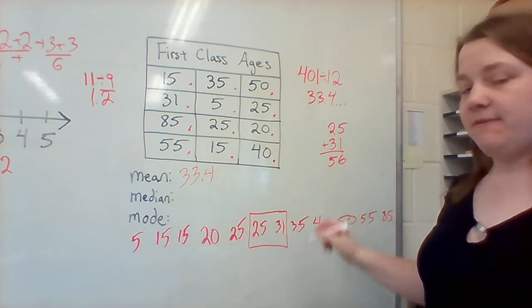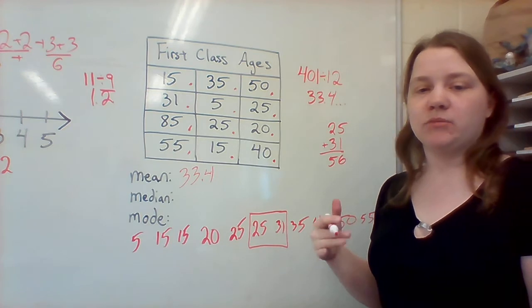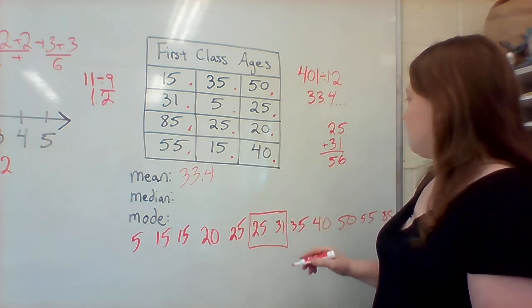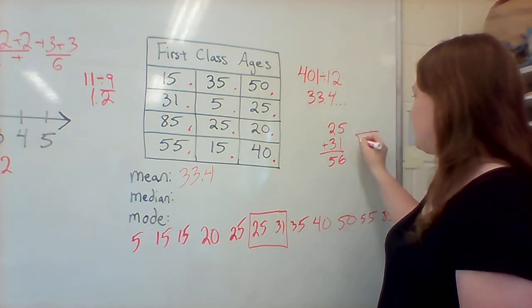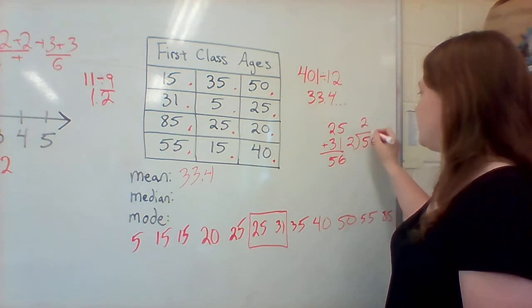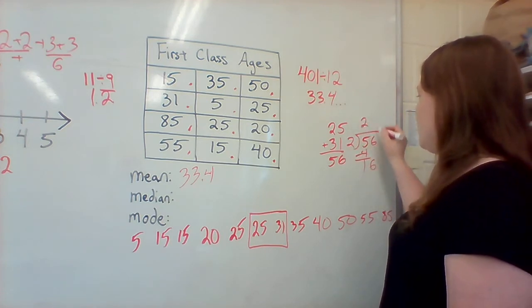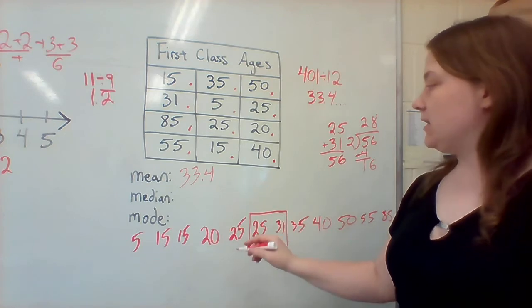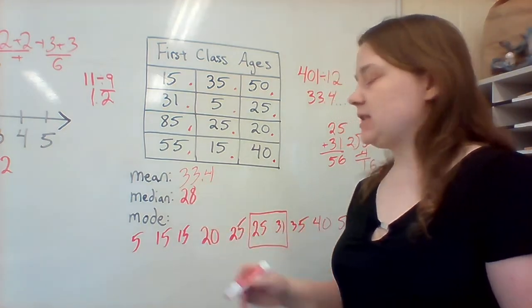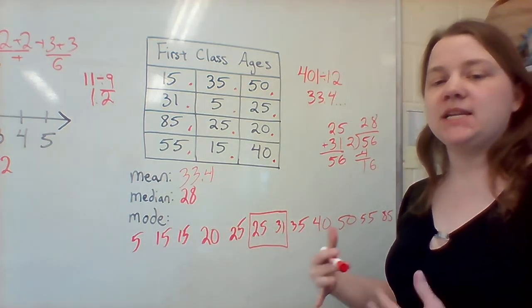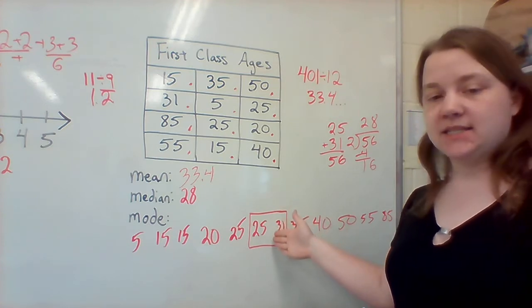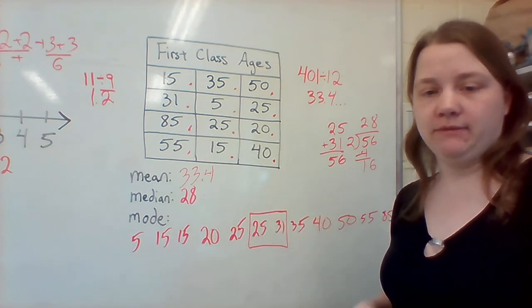And then I need to take that 56 and divide by the amount of numbers I added. I added up 2 numbers, so I need to take 56 divided by 2. 2 goes into 5 2 times. So the median is actually going to be 28. 28 is the number in the middle. Even though 28 doesn't exist here, it's still the center of the data.